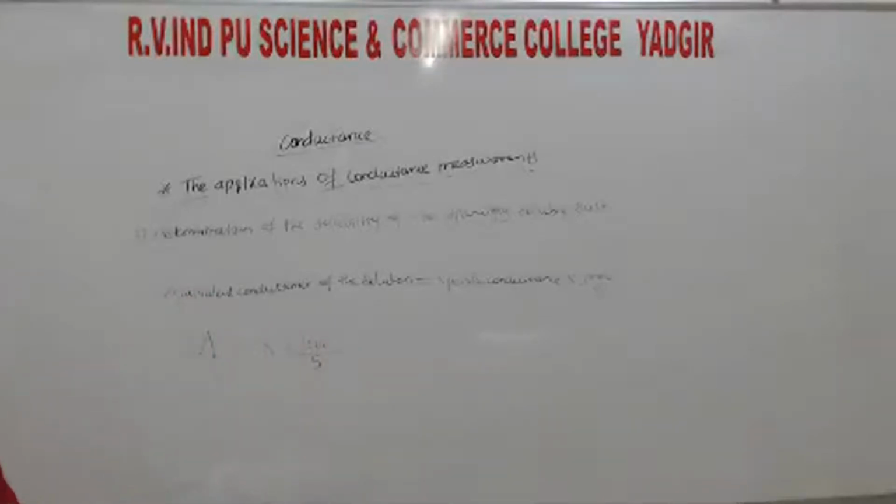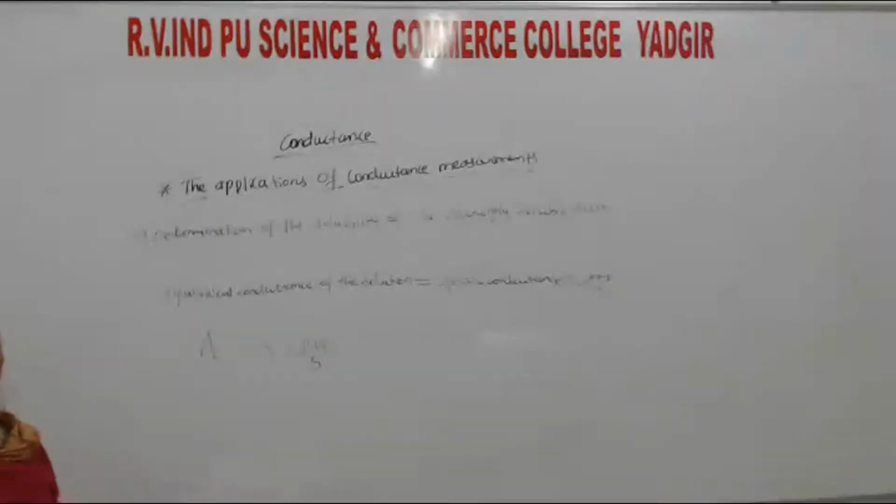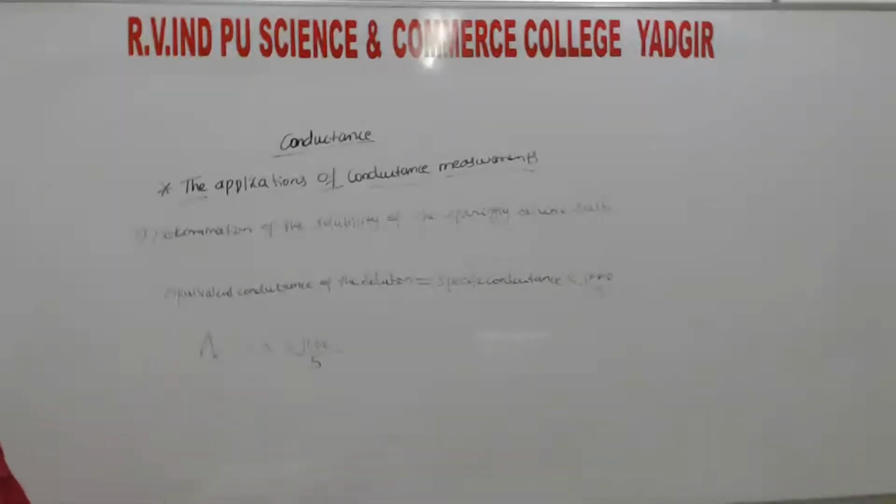Then it is modified here. The solution is very dilute, so the lambda, that is the equivalent conductance, is considered equal to lambda naught, the equivalent conductance at infinite dilution.